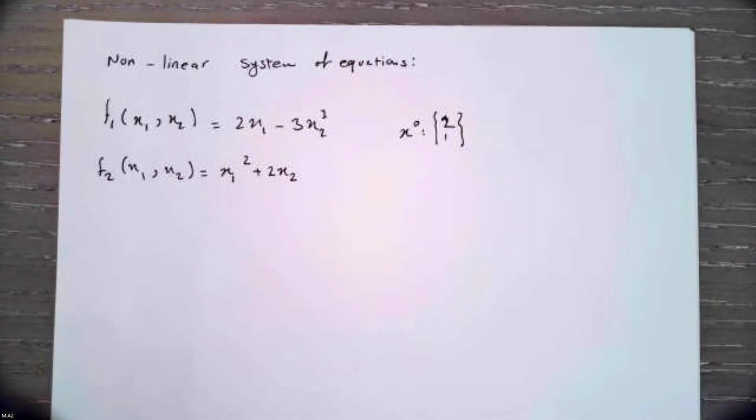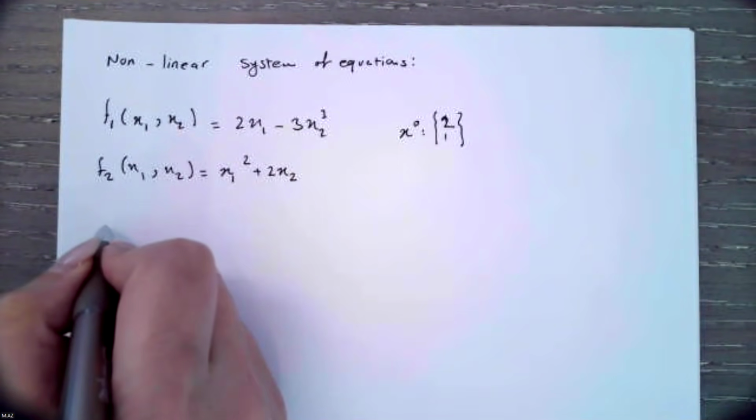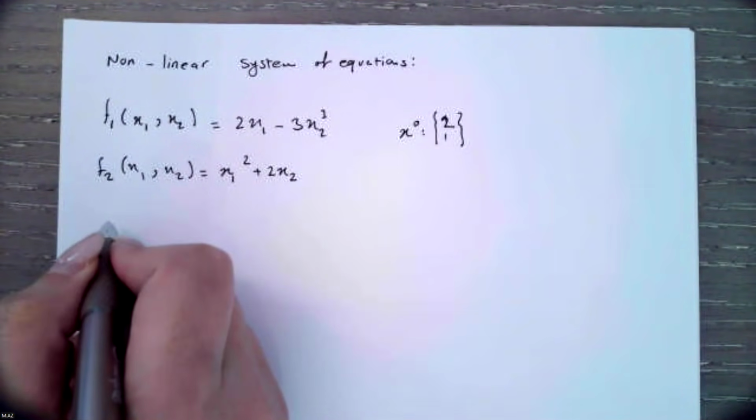Okay. In general, once we are trying to solve a nonlinear system of equations, we are trying to make it a linear system by using Jacobians, making the Jacobian matrix.